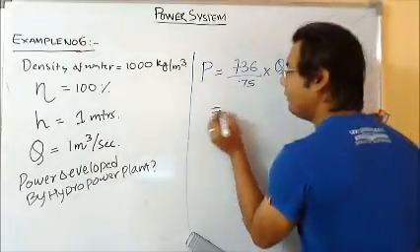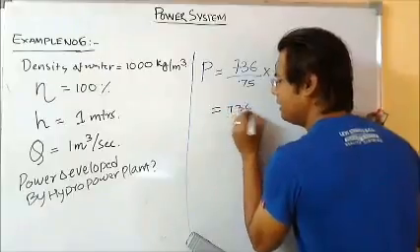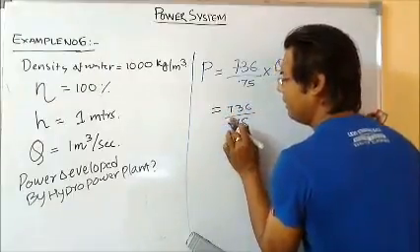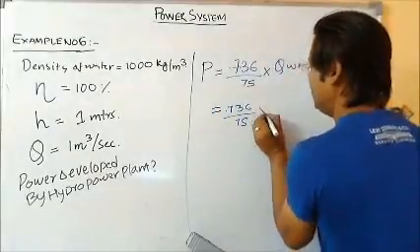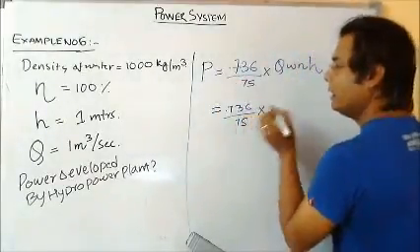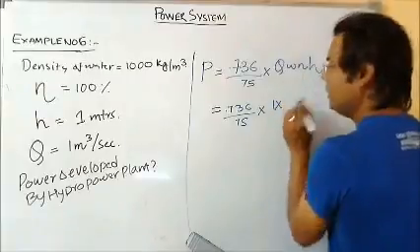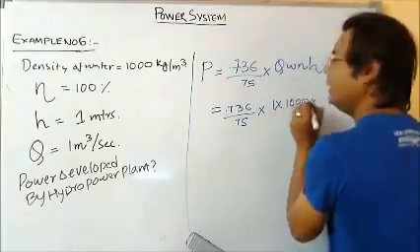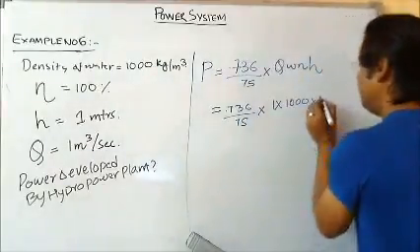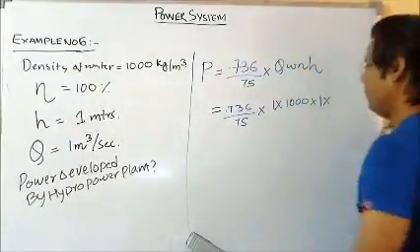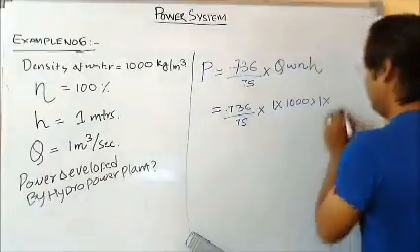So we can directly have 0.736 divided by 75 multiplied by Q, which is 1, into W, which is 1000, into the efficiency, which is 100%, meaning 1, into my head, which is 1 again.